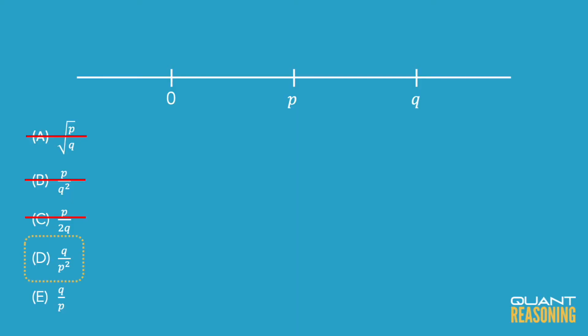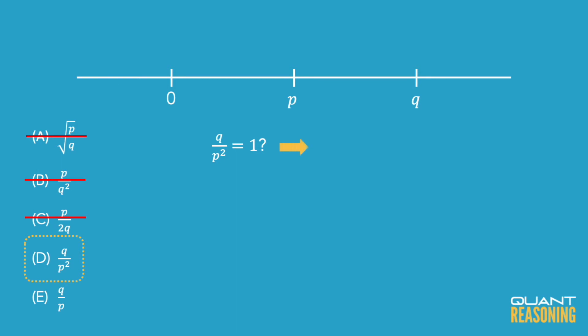But does q over p squared have to be to the right of 1, or can we imagine a scenario where q over p squared would end up to the left of 1? In fact, could q over p squared be exactly equal to 1? Yeah, if q is p squared, just as an example, if q is 4 and p is 2, then answer choice D would be exactly 1.